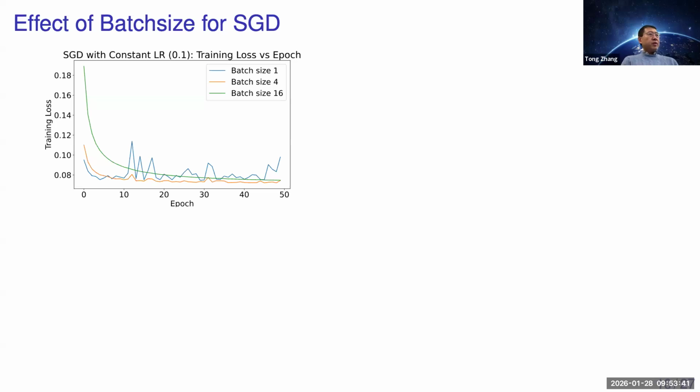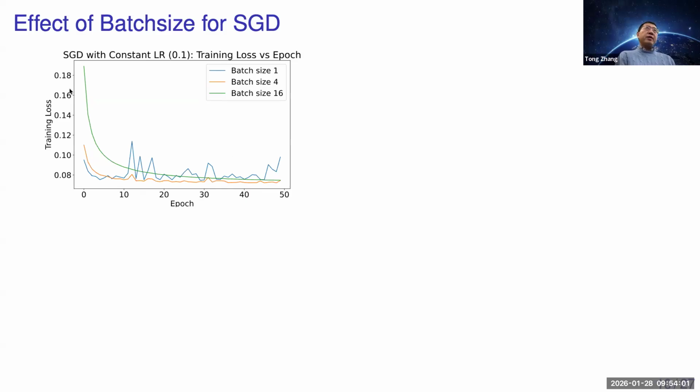Here, this is batch size 1, which is the most noisy. This is a training epoch. Remember, each epoch is one go through the data using a permutation, and you chunk your data into batches.